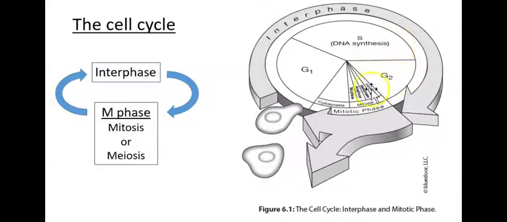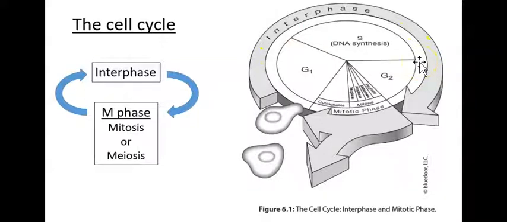And then the final part is this growth phase, where the cell is again going to get all the stuff together that it's going to need, because once they're done with interphase, they can enter into what's known as the M phase. And M phase technically could be mitosis or meiosis. And when you look at this, look at the big amount of time that they spend in interphase.